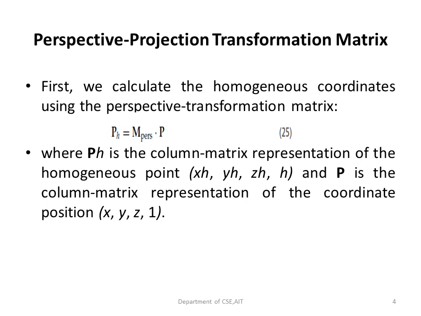The perspective projection transformation of a viewing coordinate position can be obtained in two steps. First, we calculate the homogeneous coordinates using the perspective transformation matrix: pH is equal to M perspective times P, where pH is the column matrix representation of the homogeneous point, that is xh, yh, zh and h, and P is the column matrix representation of the coordinate position x, y, z and 1.